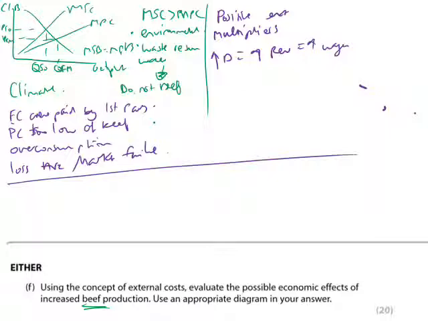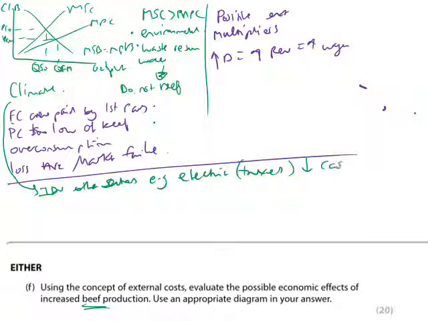You could do a wider context linked into the climate change one, for example, if you wanted. That depends upon the other sectors. So for example, if people switch to electric cars, if there's taxes there, then that would reduce the emissions of cars, and it could cancel out the emission from livestock. You could also talk about whether or not there'd be other government interventions.